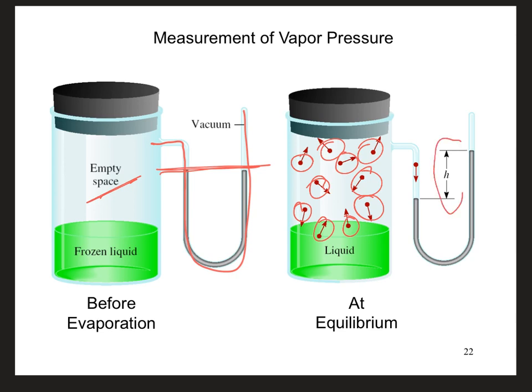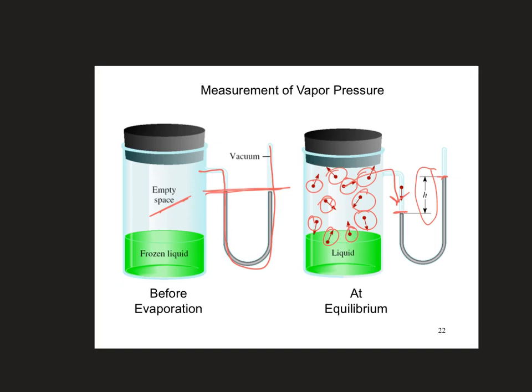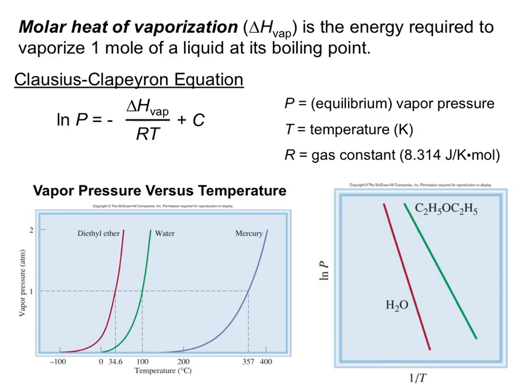Now you can see over here on this side arm that these two levels of the liquid mercury are not the same, because I have a gas pushing down on that liquid mercury. They're trying to get the liquid mercury out so they can escape. But that builds up a pressure, okay?